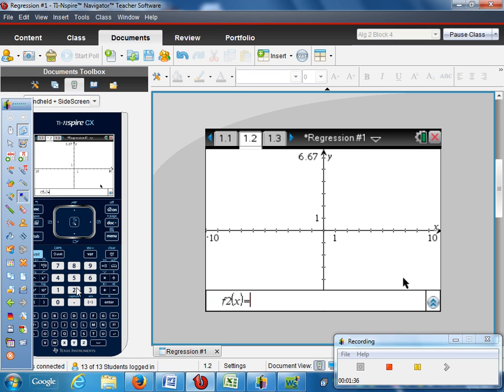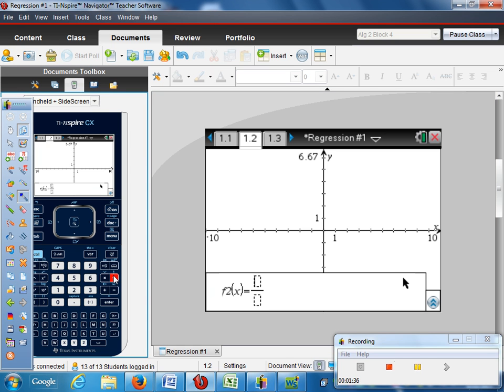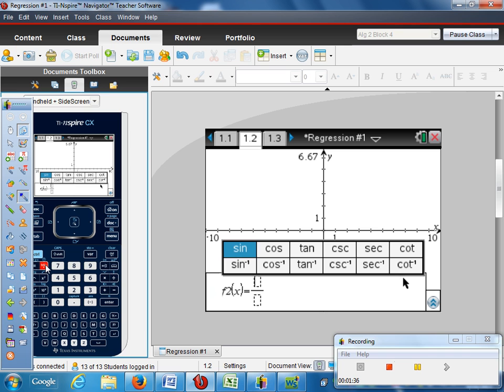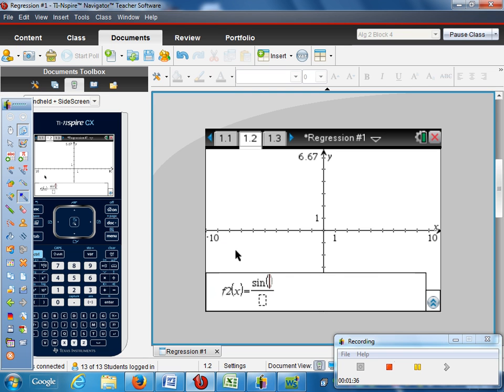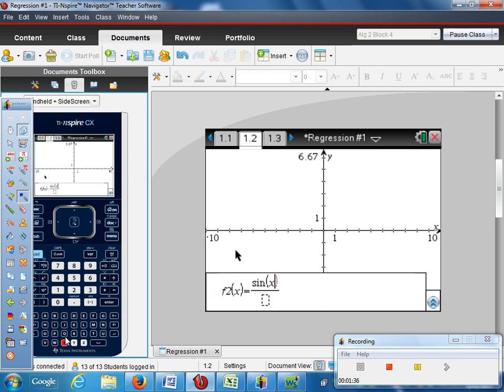I'm going to graph, and I'm going to ask it to graph sine of x, hitting the trig button, which lets me choose sine of x all over x. We were trying to figure out the limit of this as it approaches 0.